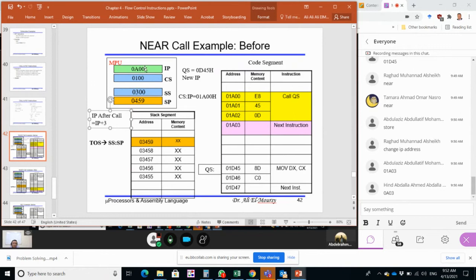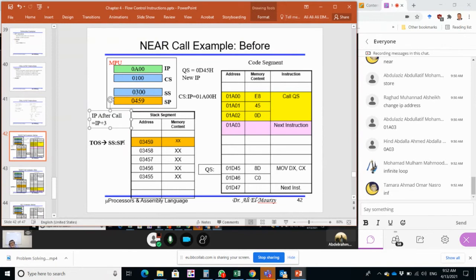Shall I push the IP of the call onto the top of the stack? What will happen if I pushed the IP of the call into the stack? It becomes an infinite loop, because when I retrieve the return address I will go again to the call, so I keep calling and returning forever.